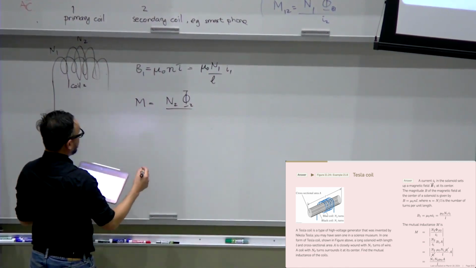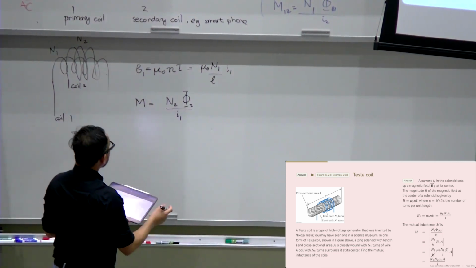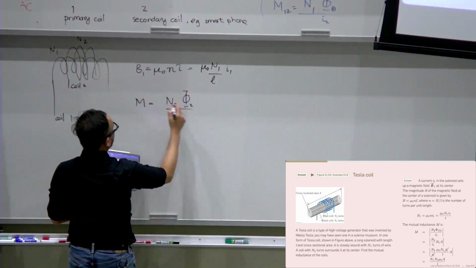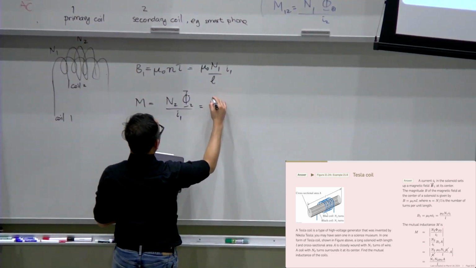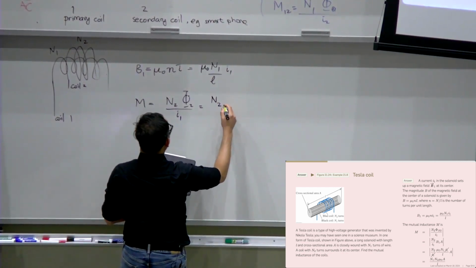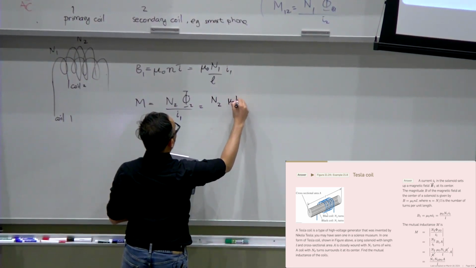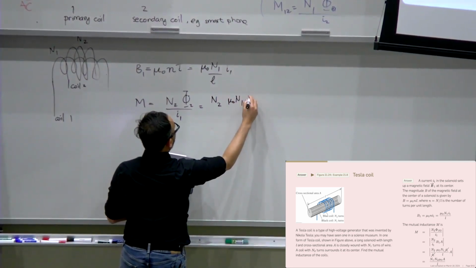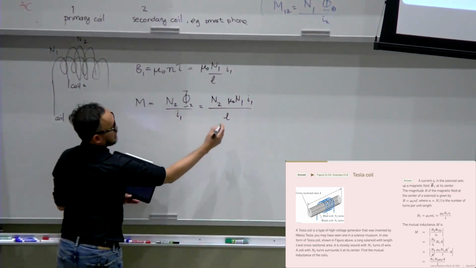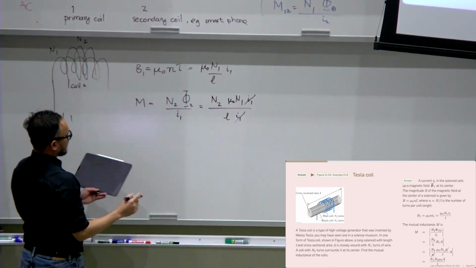Divided by I1. Okay. And the flux in coil 2 is equal to N2 times the flux, which is mu naught N1 times I1 divided by L. And then there is I1 here, and it cancels.